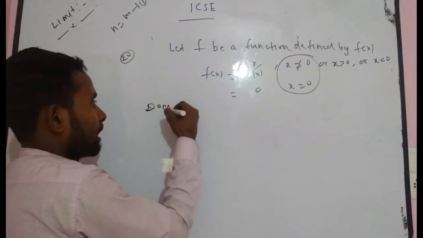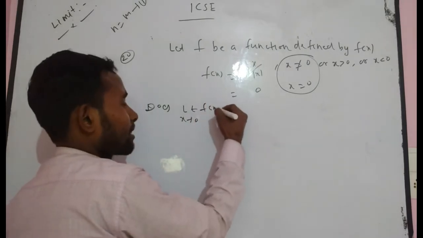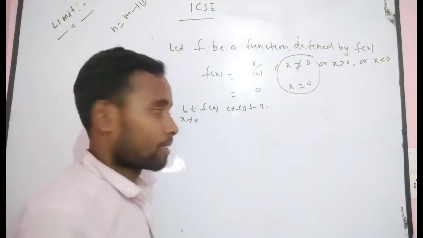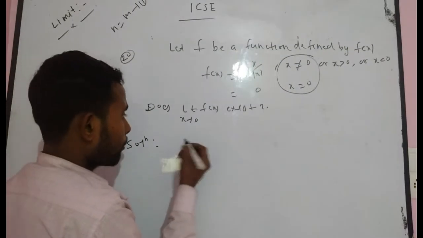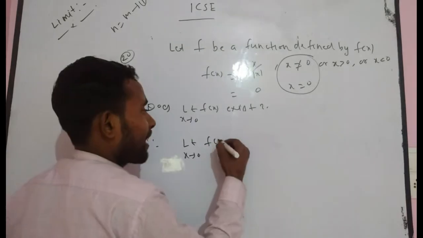Now they ask you, does the limit as x tends to 0 of f(x) exist? You have to check whether it exists or not.